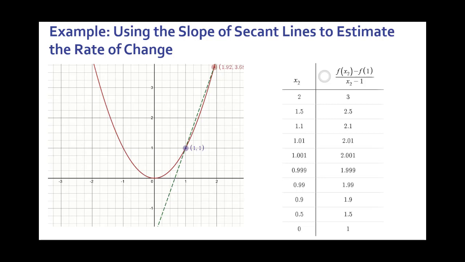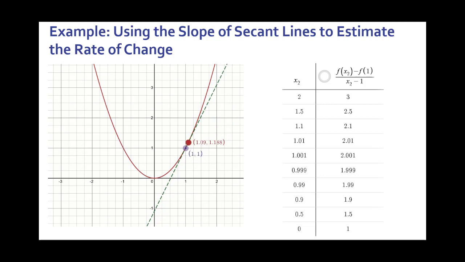So here I have the graph of y equals x squared, and then I have a secant line drawn in green that goes through the point (1, 1), so when the x value is 1 on the actual parabola, and then I have another point on the parabola. Now, obviously right now we don't have a tangent line, but what we can do is look at what happens as our x value for this red dot is getting closer and closer to positive 1.